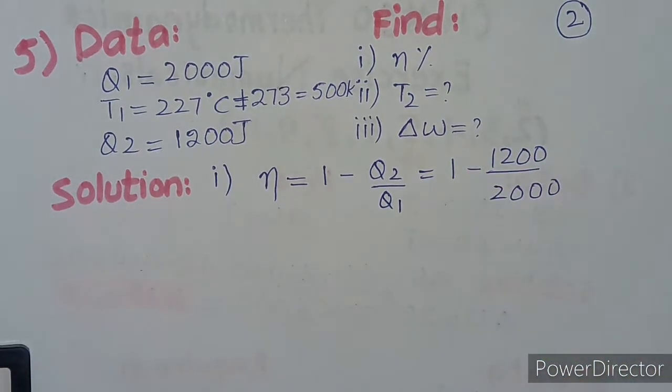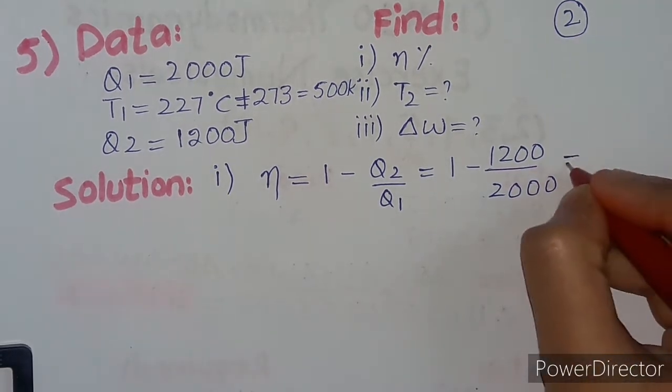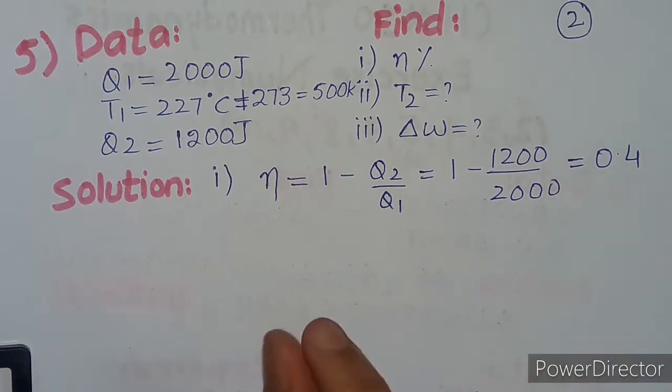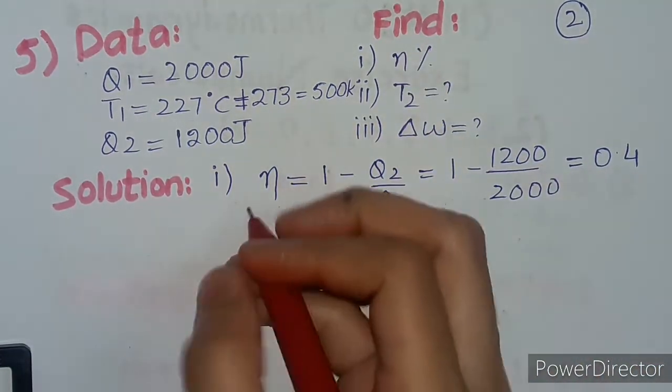Now by dividing it we get 1 minus 0.6, which is 0.4. This is not the percentage, this is only the value of efficiency.